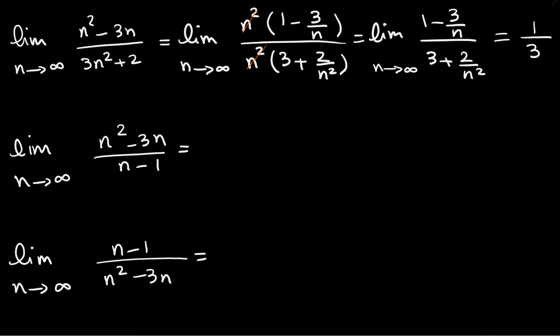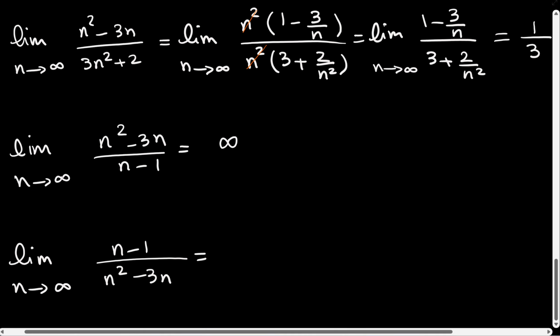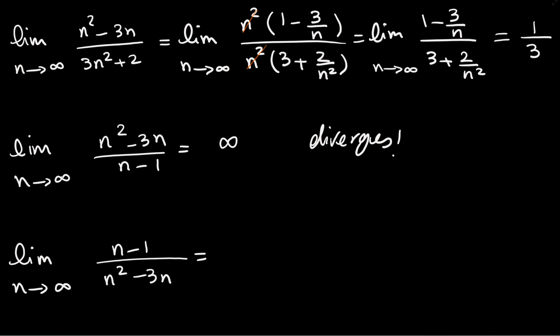But the rule here is, if the degree of the numerator is greater than the degree of the denominator, when n approaches infinity, the answer is infinity and the sequence diverges. How about if the degree of the numerator is less than the degree of the denominator? When n approaches infinity, the answer is 0 and it converges to 0.